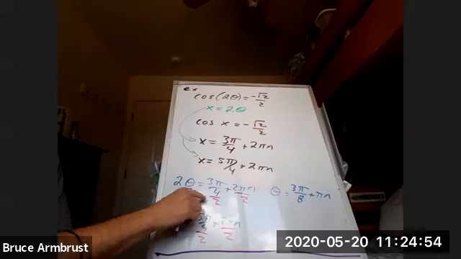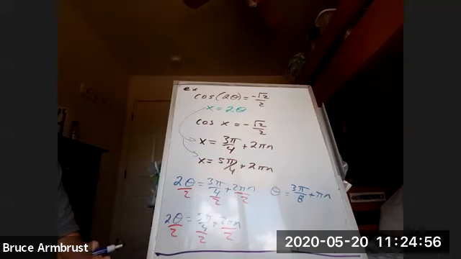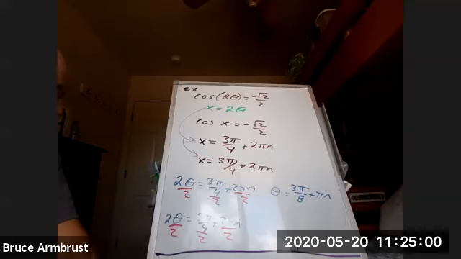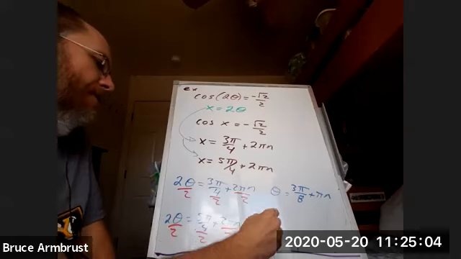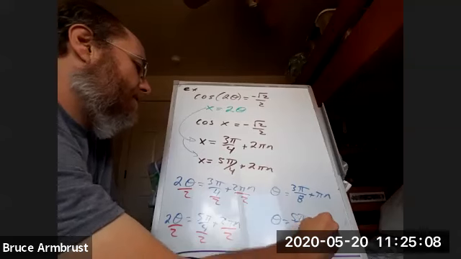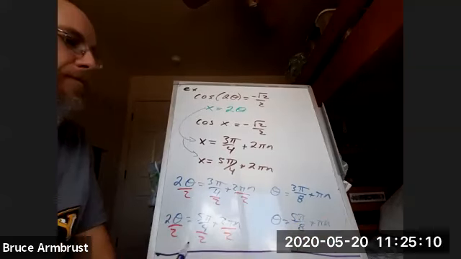So 3 pi over 4 when I divide it by 2 gives me 3 pi over 8. And then the 2's cancel in the second piece, which leaves me just the pi n. And then similarly, the second one is going to give me 5 pi over 8 plus pi n.